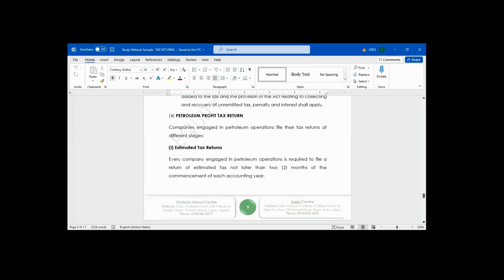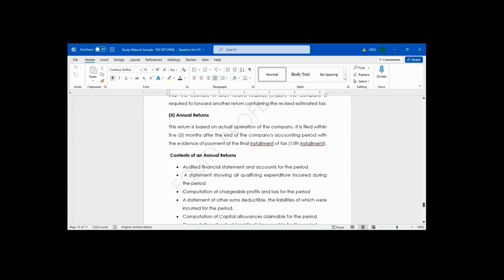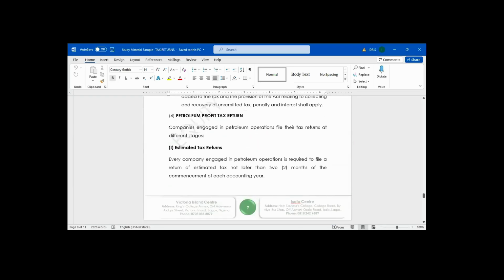Now, this petroleum profit tax return is divided into two: number one, estimated tax return, while number two, annual tax return. The estimated tax return must be filed not later than 2 months from the commencement of each financial year.